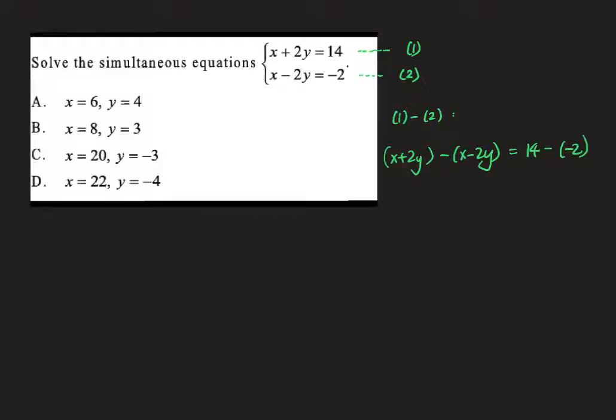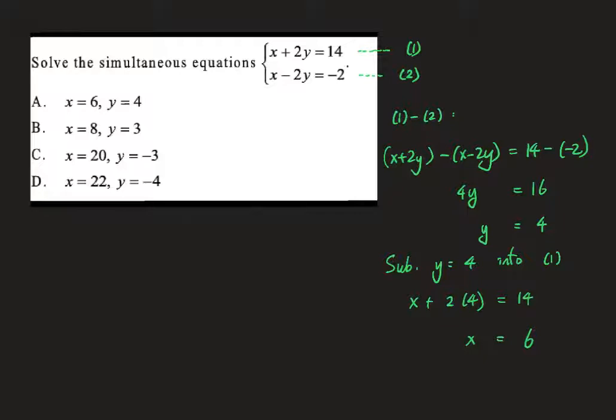And then the term s will be eliminated, and on the left side we have 4y, on the right side 16, and y equals 4. And then we can substitute this value of y into either equation 1 or 2. This time I substitute it into equation 1. So s plus 2 times 4 equals 14, and s equals 6.